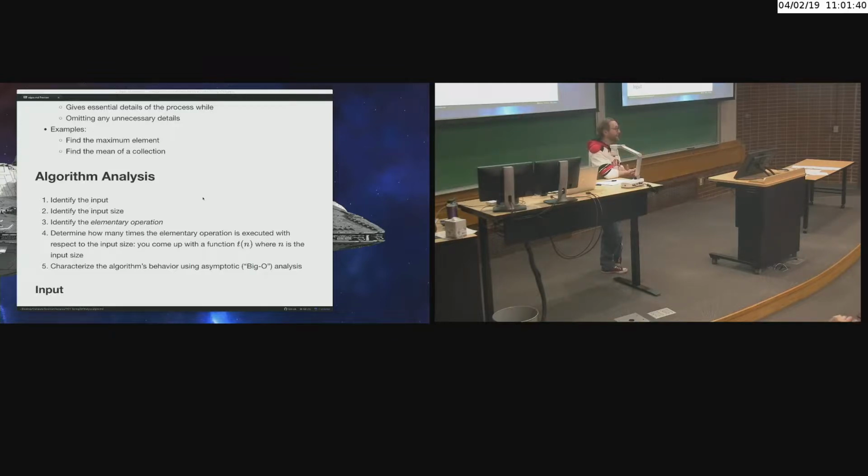Then you identify the input size, and even then you have to be careful, because there are some things that are pretty straightforward. If you're iterating over a collection, then it's the size of the collection. If you're taking an image and you're changing every single pixel, then it's the dimensions, n times m, or width times height, the total number of pixels.